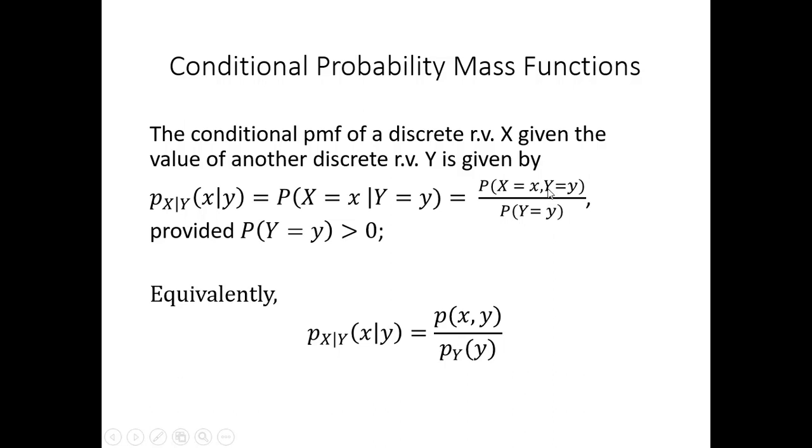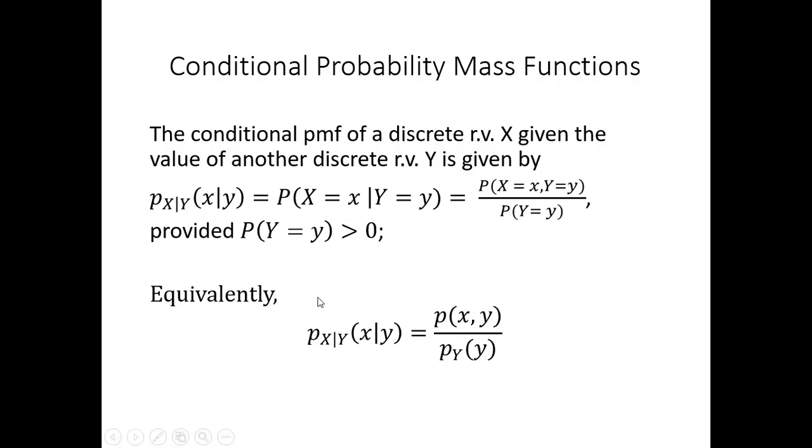Here, I want you to think of this as the probability that the random variable x is equal to the value x and the random variable y is equal to y, divided by the probability y is equal to this specific value.